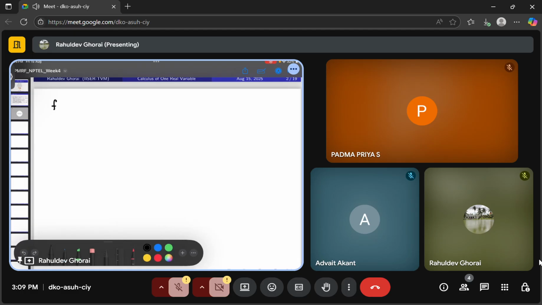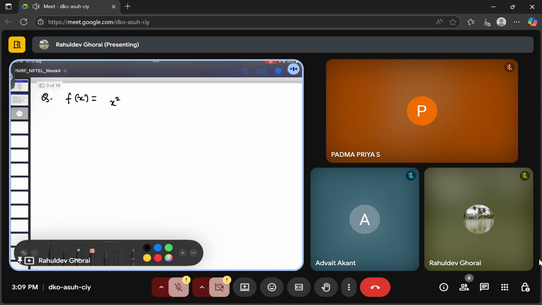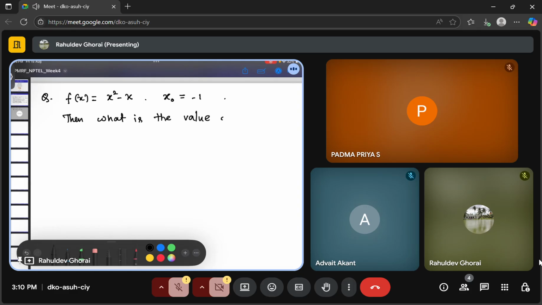Let's say f(x) is equal to x square minus x, and x0, the initial guess, is -1. Then what is the value of x2?